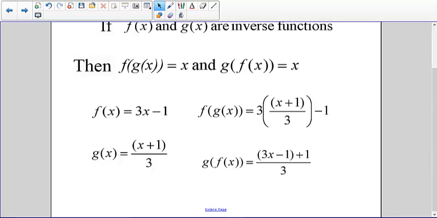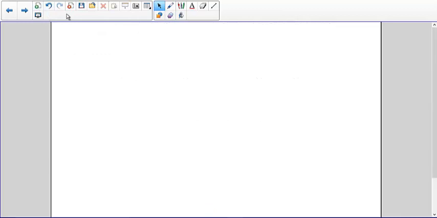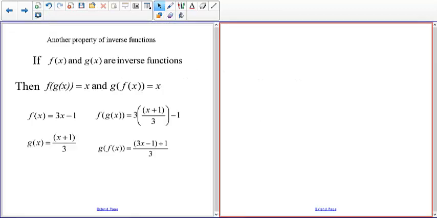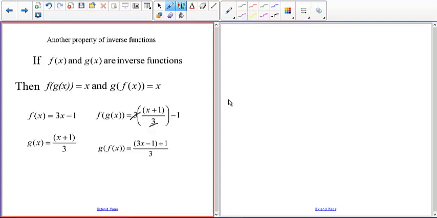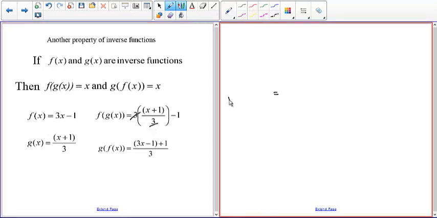Okay, so if we take each one of those and we just simplify it, well, what will happen is this will cancel out with that. So f of g of x is equal to x plus 1 minus 1. Well, plus 1 minus 1 is 0. You get x, so check.